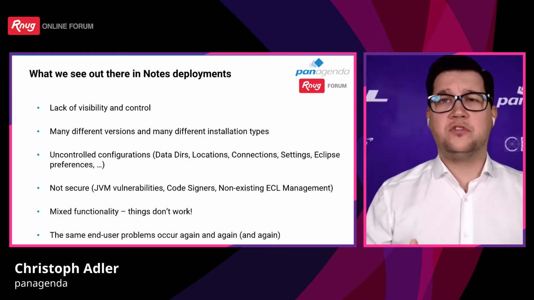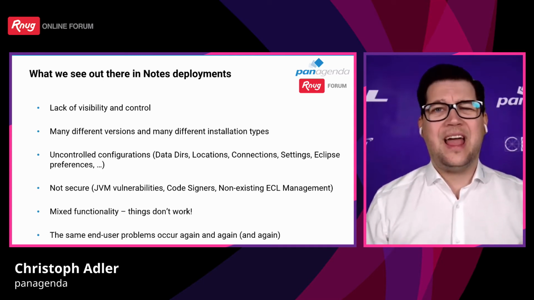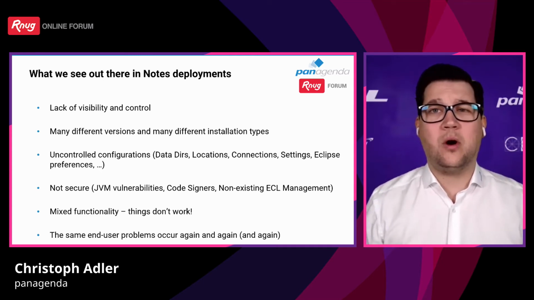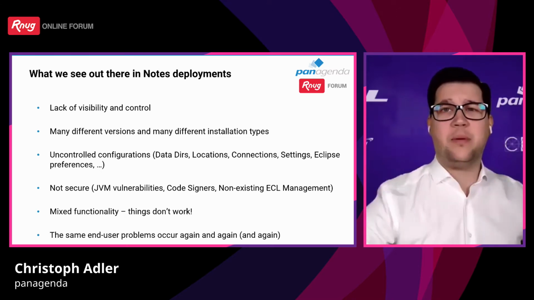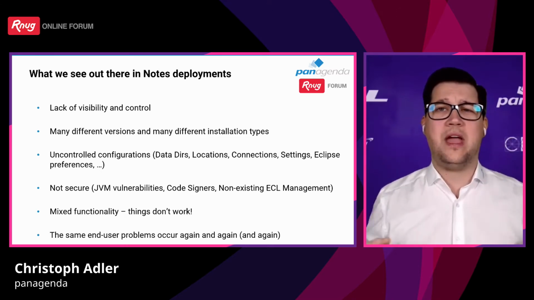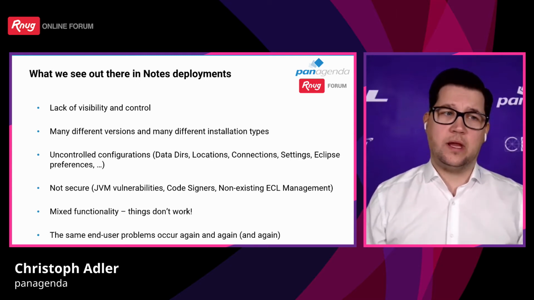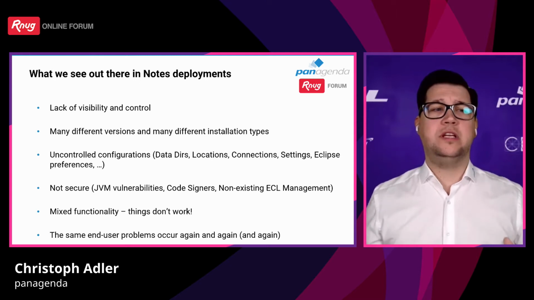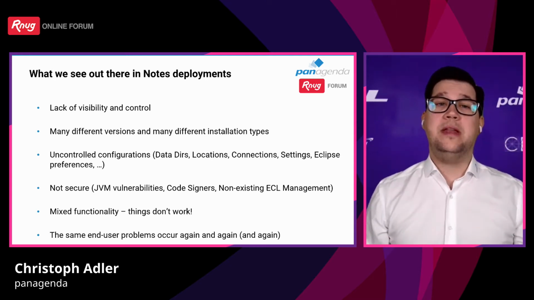Yes, we do have Domino policies, but we all know Domino policies are very limited, and these policies are not helping all the time. And pretty importantly, they will not give you any data back. Meaning you do not have any chance to analyze the Notes client, let's say it this way. What we also see is many different versions of Notes out there, and many different installation types.